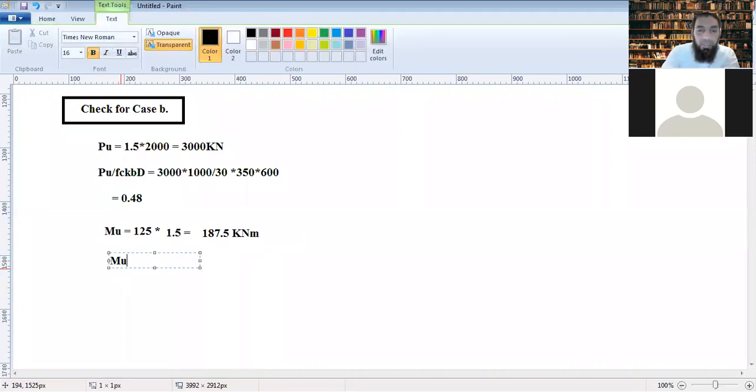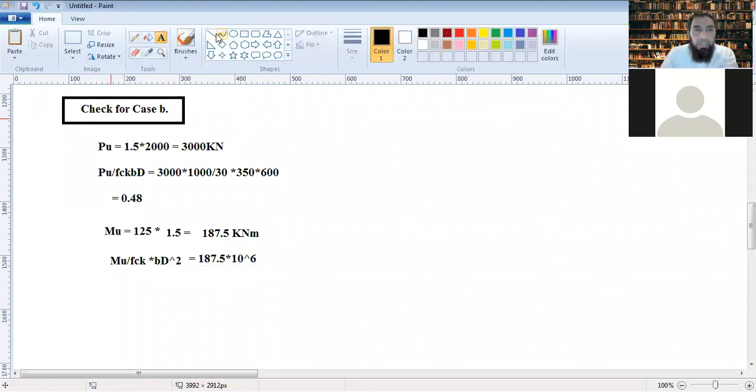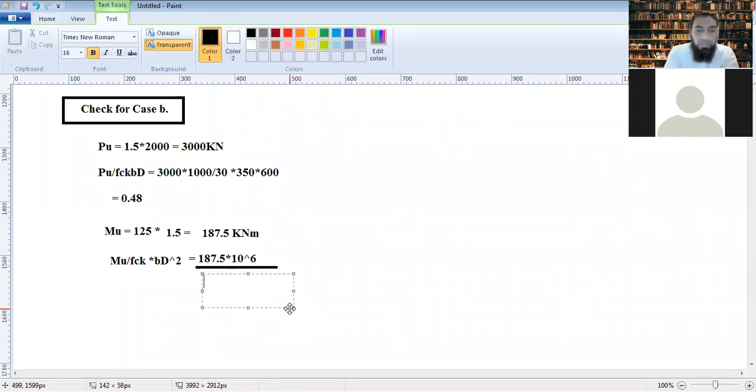Then Mu by fck bd square, that's what we have to get. Mu by fck bd square would be equal to 187.5 into 10 raised to power 6, and this would be divided by fck is 30, b is 600 in this case, then d is 350 square.